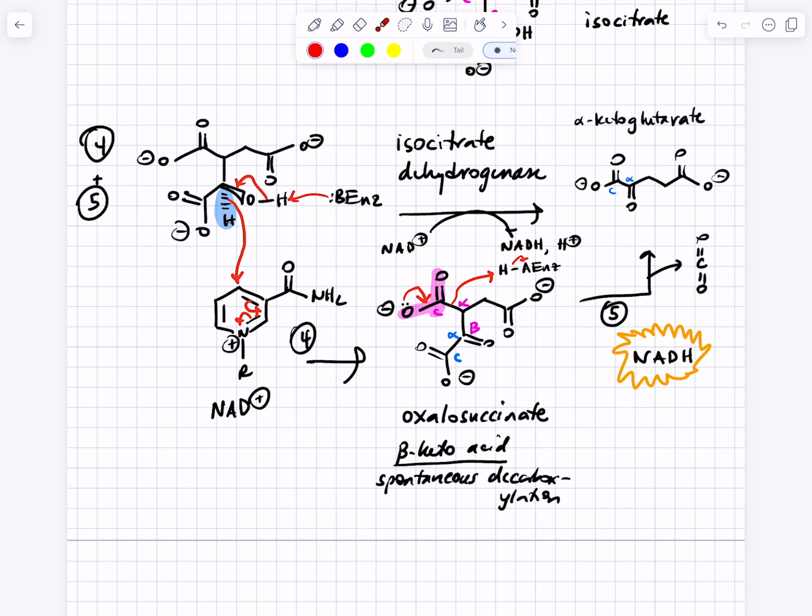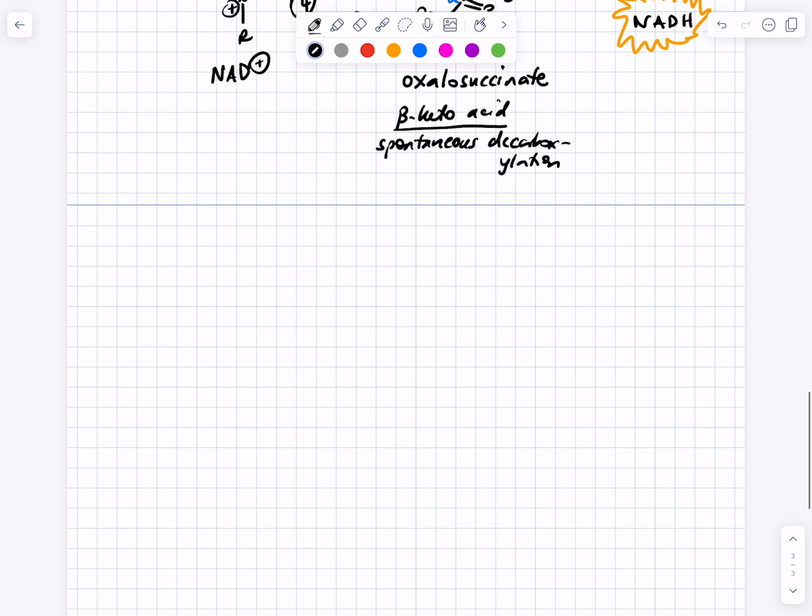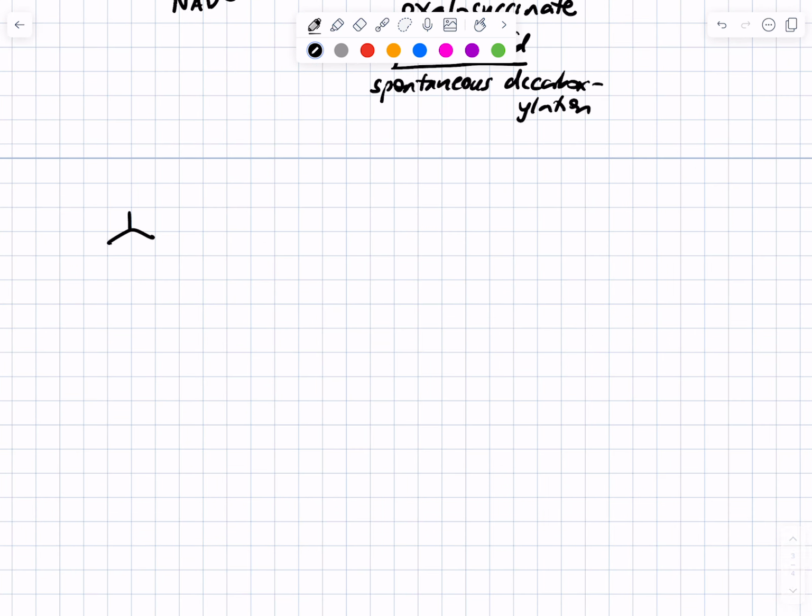All right, step 6 is just exactly what you would expect it to be. You now have an alpha keto acid, and the other alpha keto acid we have seen before was pyruvate. Do you recall just a day ago or a couple days ago we went through the pyruvate dehydrogenase complex, and pyruvate is an alpha keto acid. And in the process, pyruvate loses that portion of itself as CO2, and the remaining portion becomes acetyl-CoA.